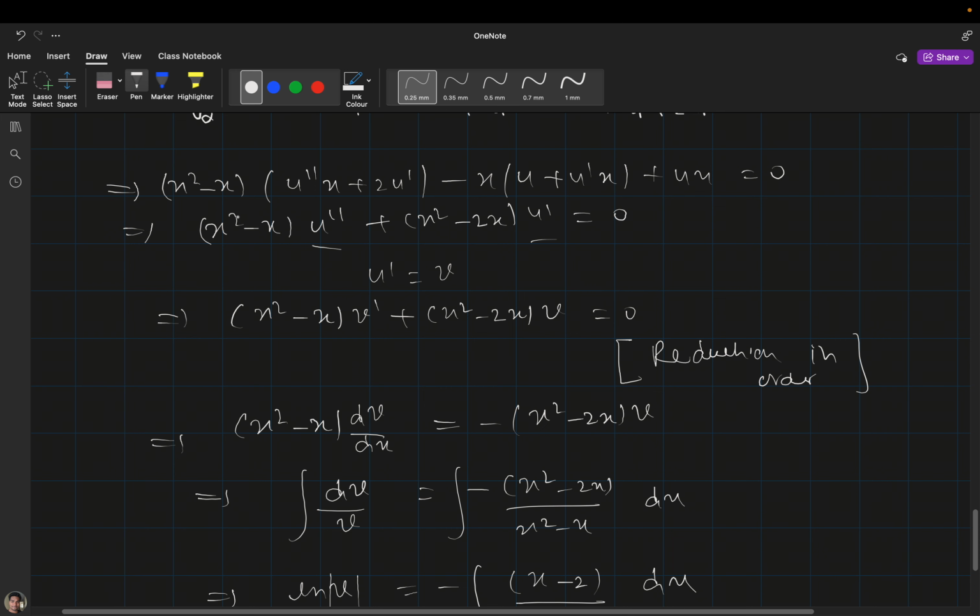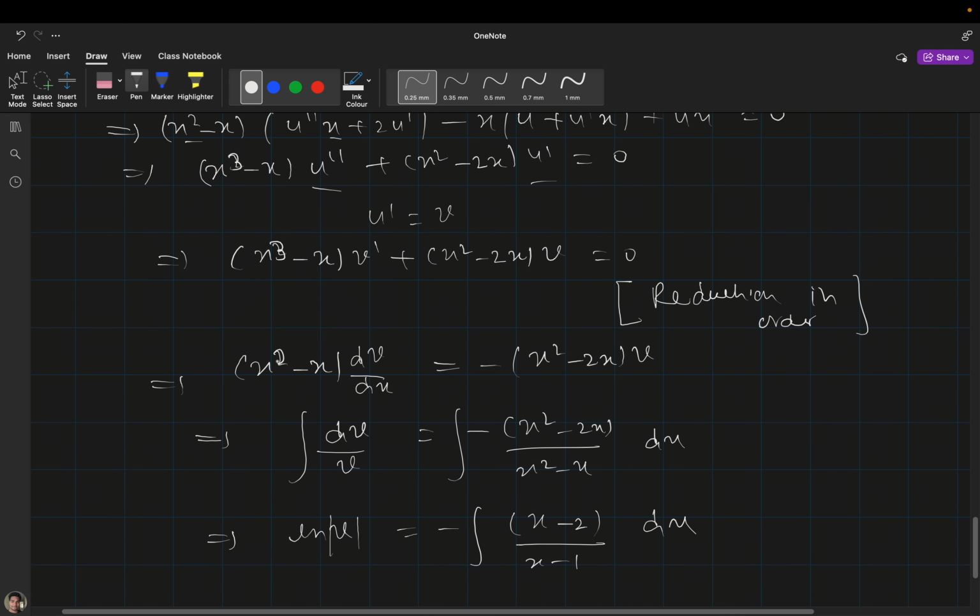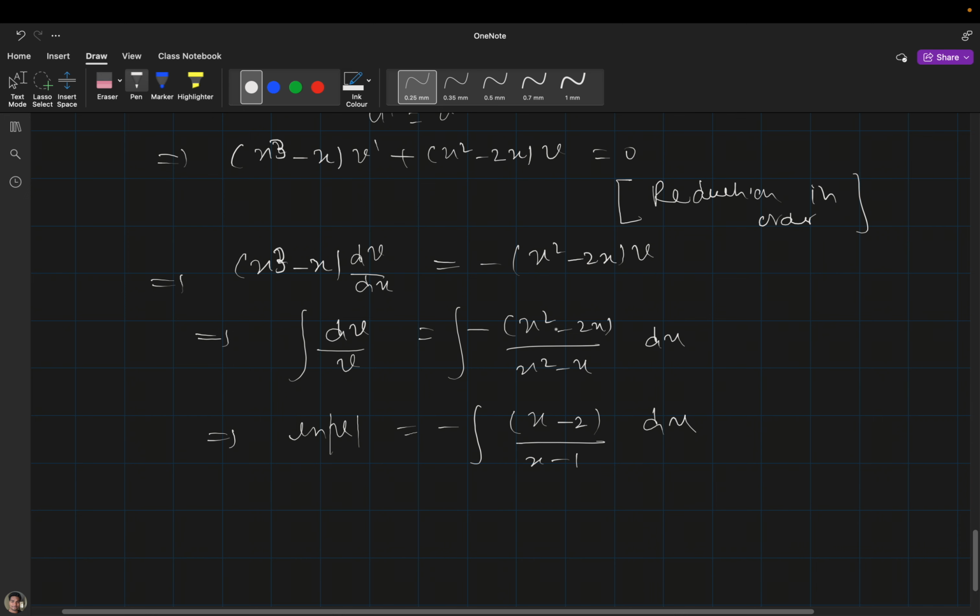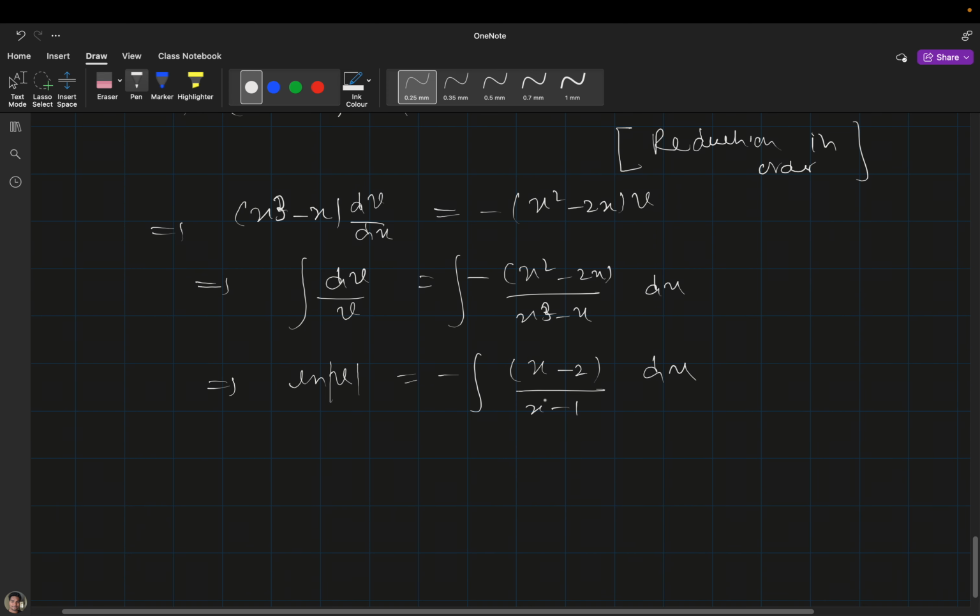If you simplify it, it will become cubic. You can see that there is one more x, so it will be cube. So that will be taken common. It will be 2 only, but here it will be a cube. Okay, so then that will be x times (x − 1).